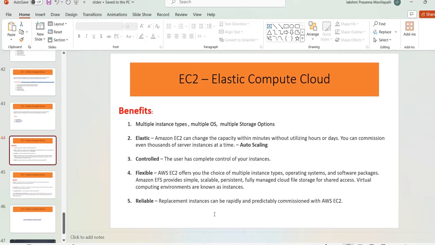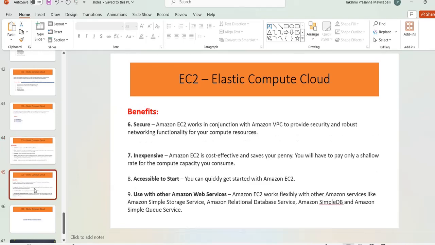But in real time, if you purchased one EC2 instance and it is not working fine as per your requirement or it is having any issues, you can simply replace that virtual machine with another virtual machine within minutes. So that is also possible, and your data, your infrastructure stuff and your configurations, everything will be stable. That is reliable. Okay, then secure.